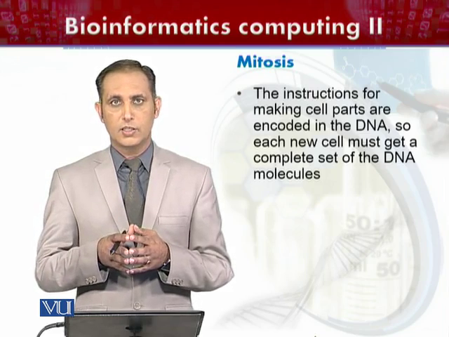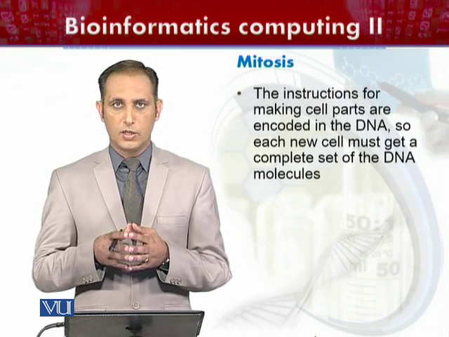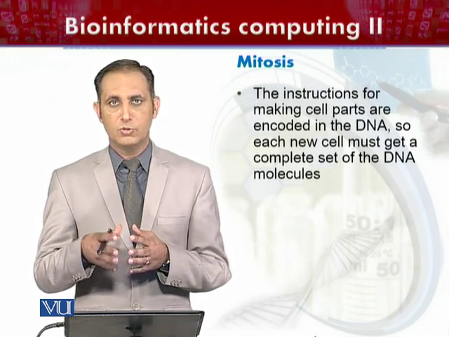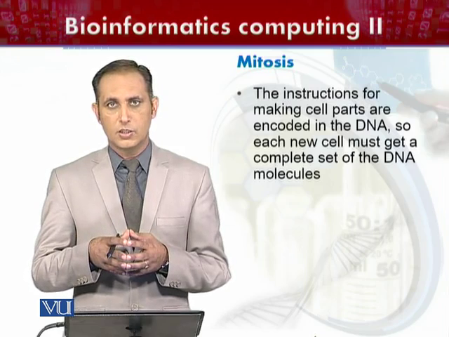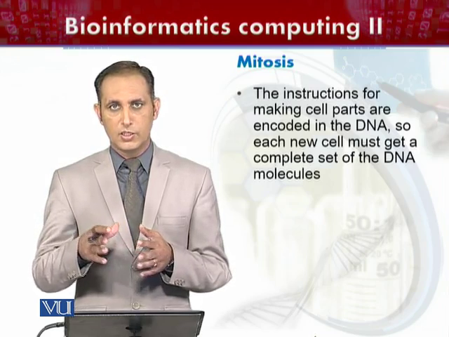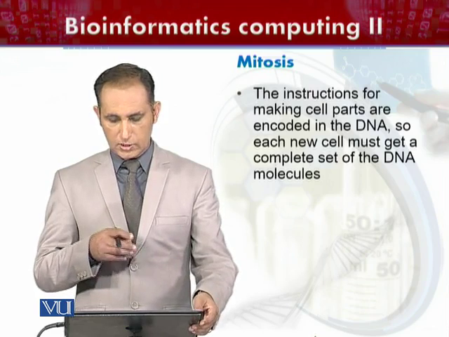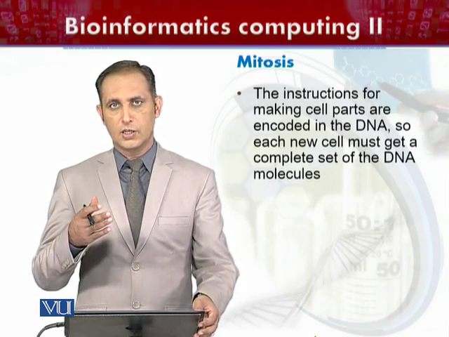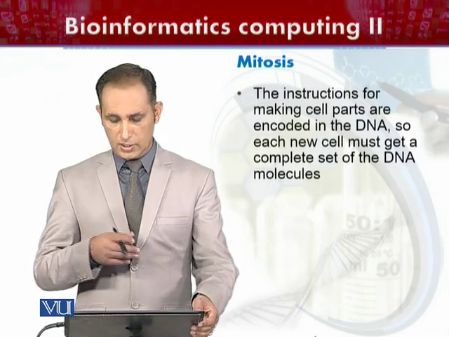Errors do occur, but the probability of these errors in replication is very, very low. By errors, I mean different types of spontaneous mutation which occur during replication, such as insertions, deletions, or substitutions. We are not going into their details, but usually replication is a very faithful process, and through it the new cells receive an intact copy, the same copy of the parental DNA.